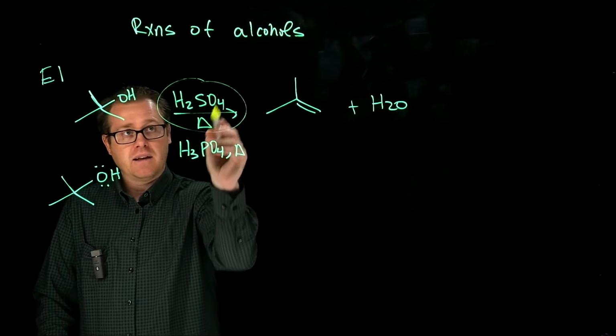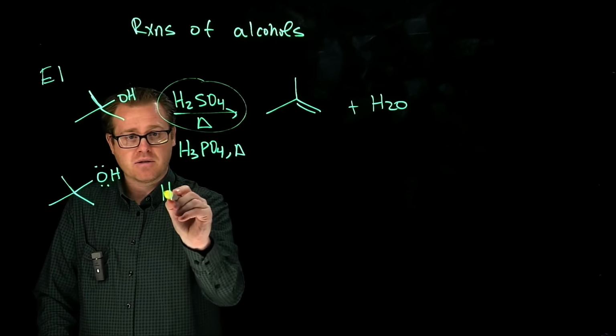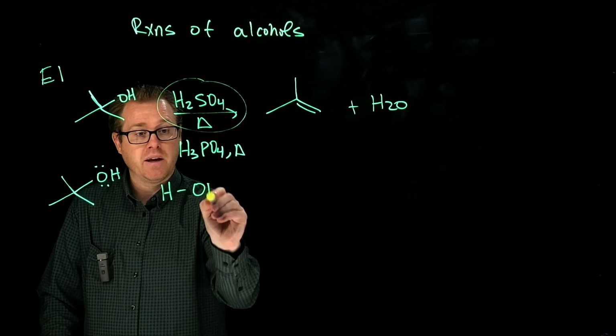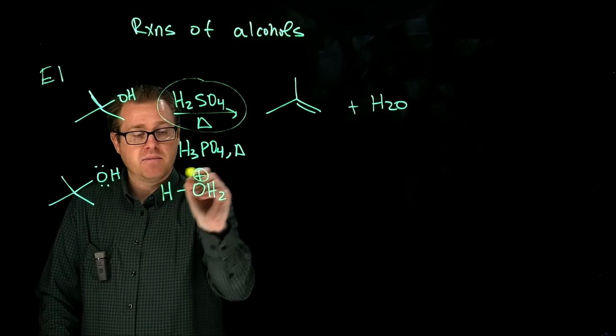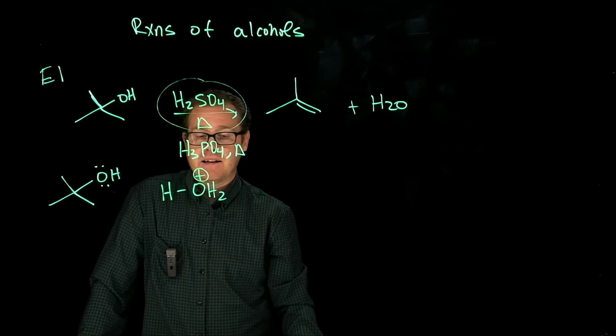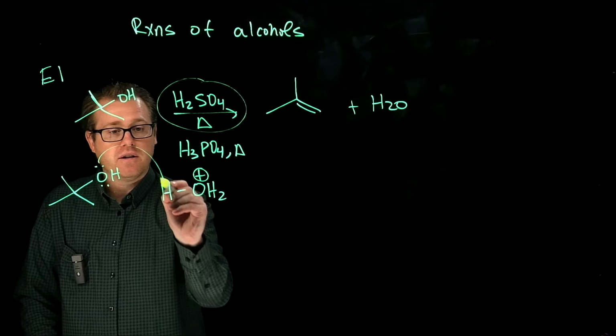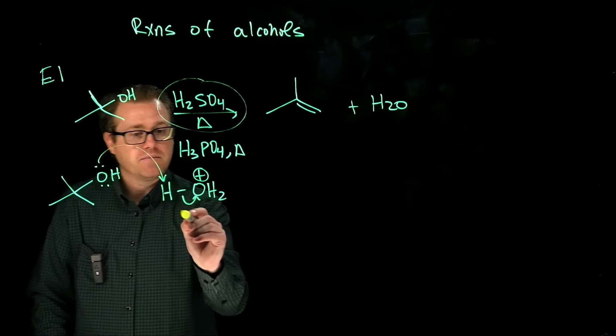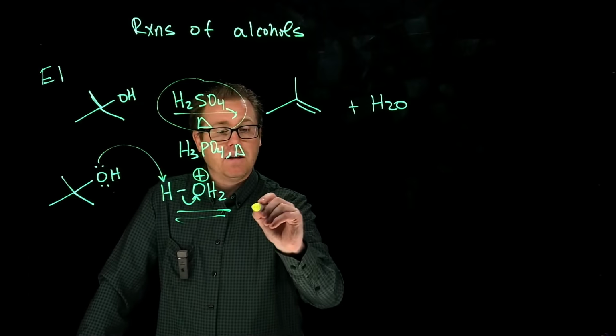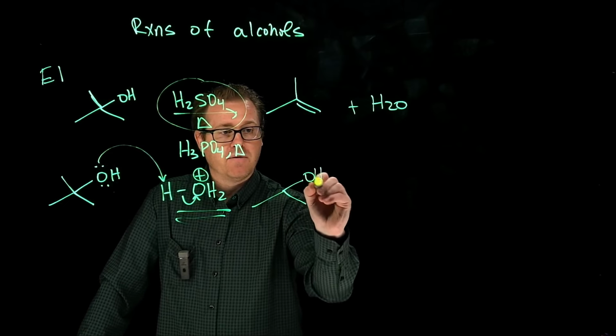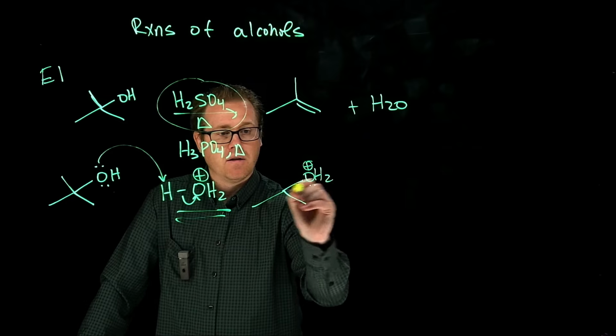We could also look at sulfuric acid as hydronium, because there are trace amounts of water, and it's going to form hydronium. And so we can convert our alcohol into a good leaving group by converting it into water.